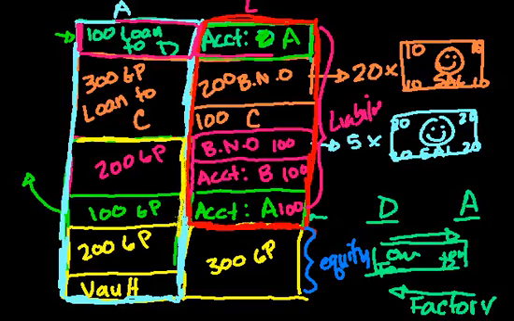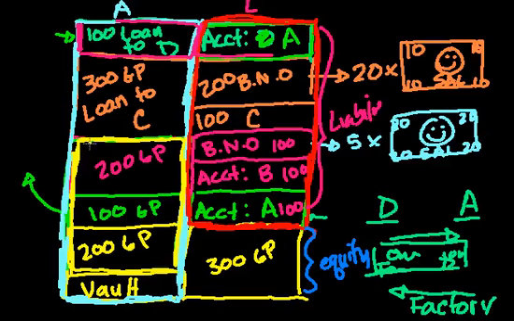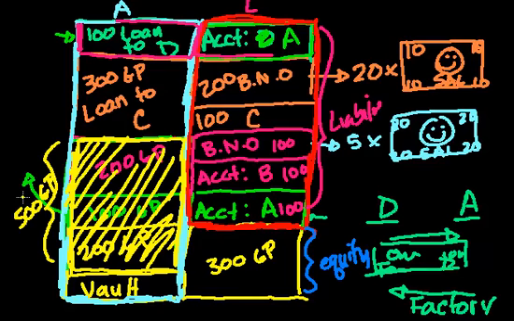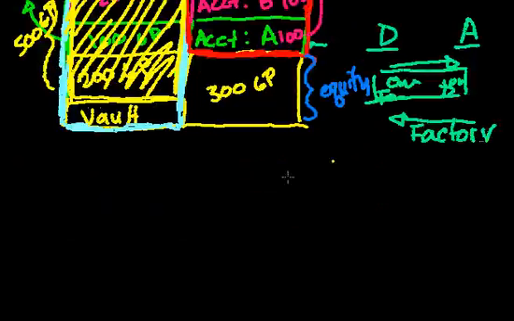Let me make that very clear, that all of this right here is gold. Maybe I'll color it in a little bit. That's all gold, and there's 500 gold pieces. So let's introduce the concept of a reserve ratio.